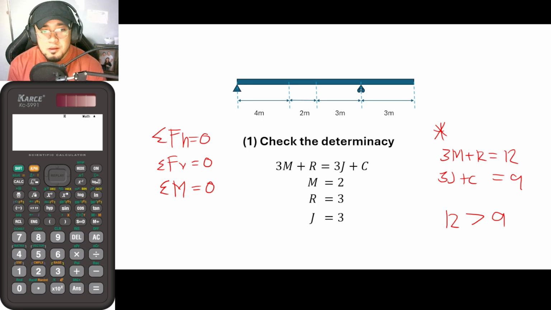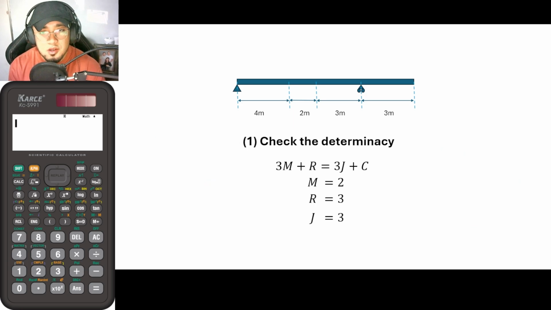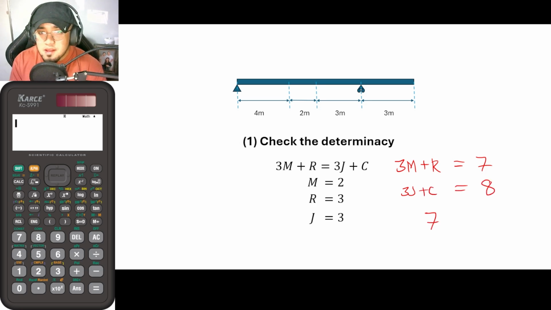Okay? However, guys, suppose that in the equation, 3m plus r is 7, and 3j plus c is 8. Since 7 is less than 8, it means that this is unstable.